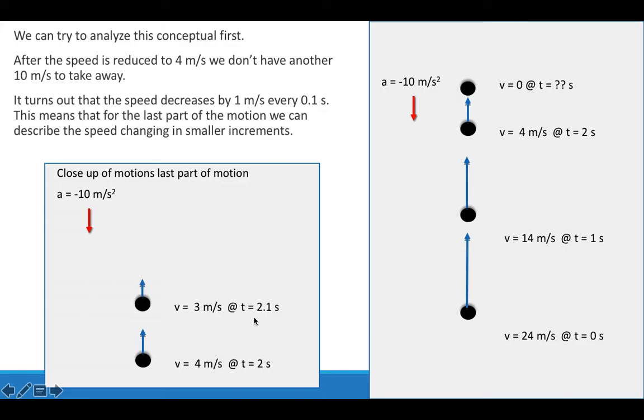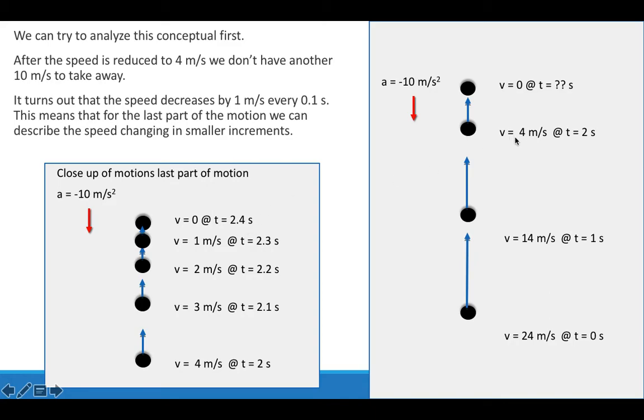So after a tenth of a second, the speed would be 3. After another tenth of a second, it would be going 2 meters per second. After another tenth, only 1, and then finally it would reach the top with 0 velocity, and the time would be 2.4 seconds.